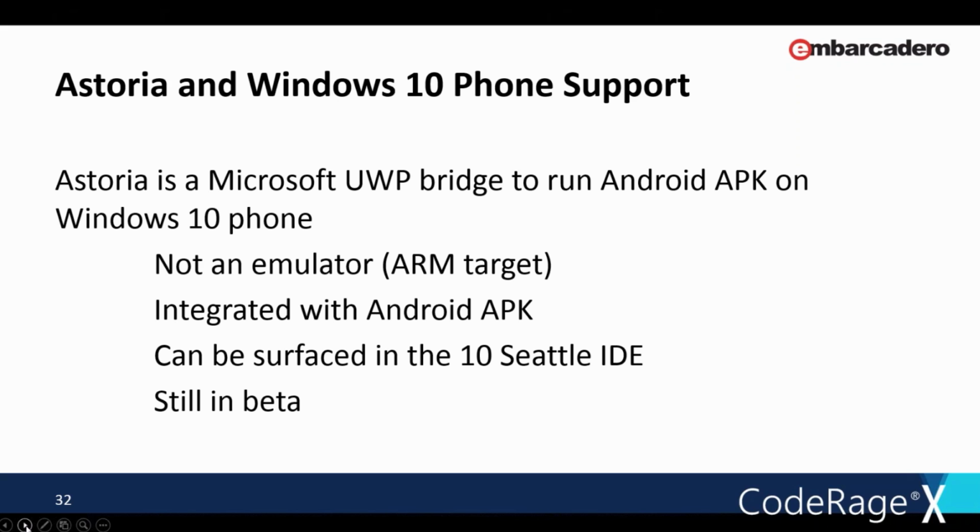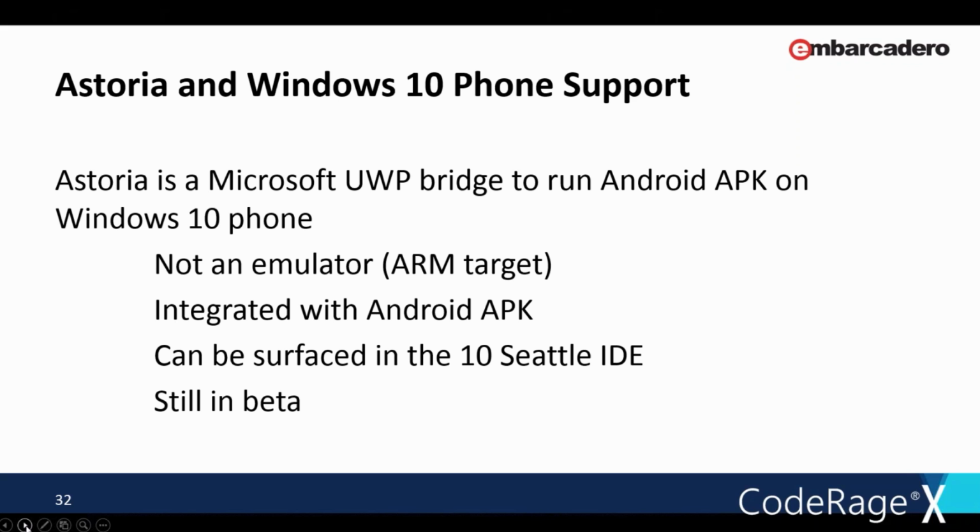It's just compiled code that runs on an ARM CPU. So there's not an emulation layer. There's not an intermediate layer. The only thing that happens is that some of the Android APIs are redirected into the corresponding Windows Phone APIs for integration.